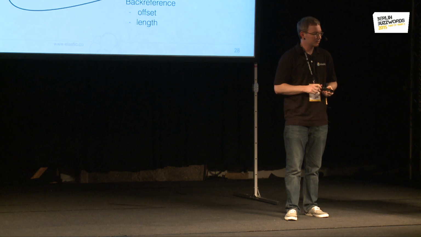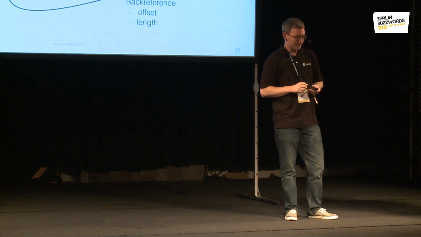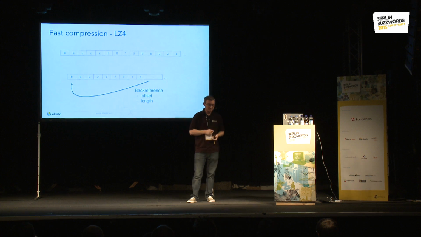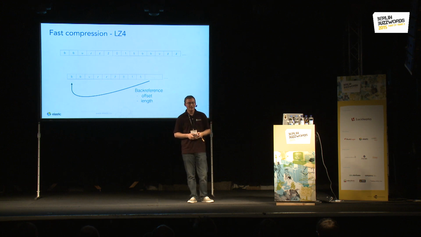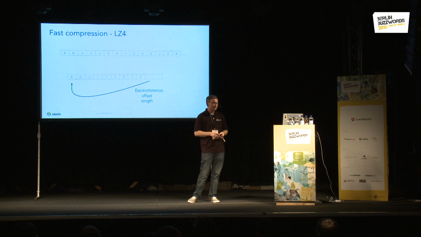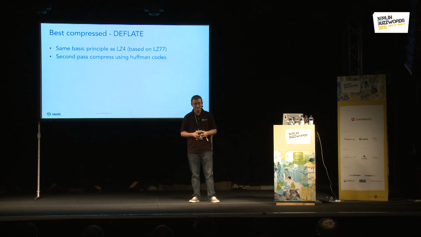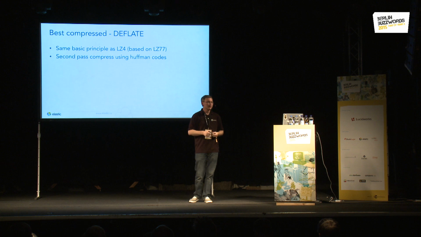Now, in recent versions of Lucene, we added the ability to have a higher compression ratio. And what we do this with is deflate. Deflate is very similar to LZ77, or LZ4. It's all the same family of encodings.